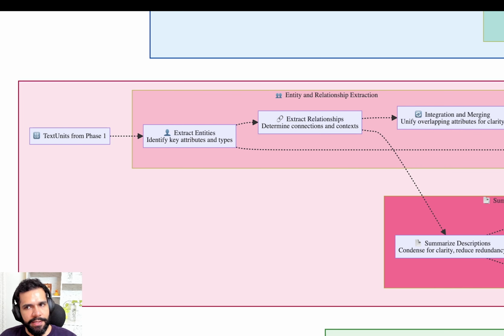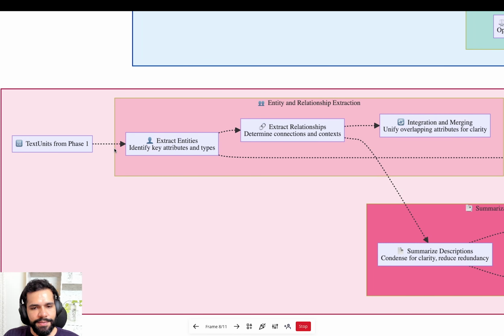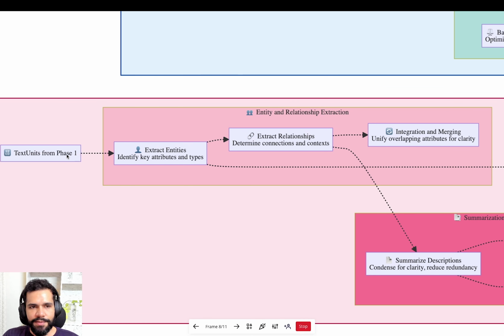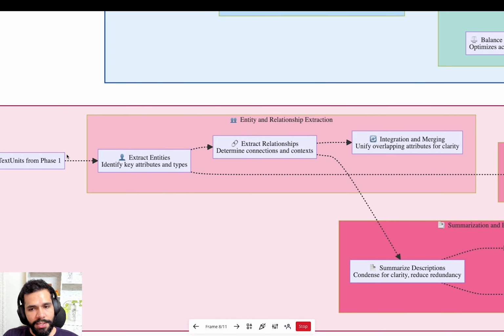This is the very first important, or maybe the cornerstone, step in the construction of a knowledge graph. It converts this raw text into a more structured, queryable graph that encapsulates entities, relationships, and claims. Let's break down each critical step in this phase. It begins with text units from phase one.